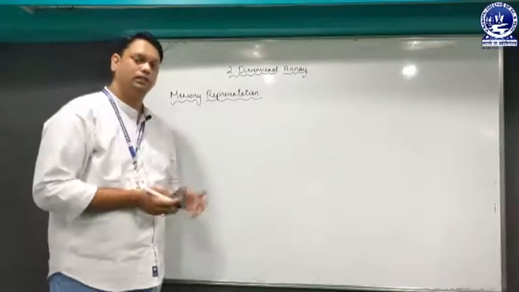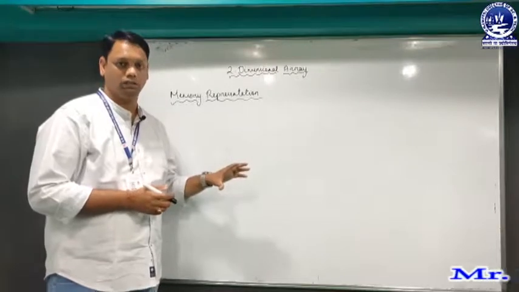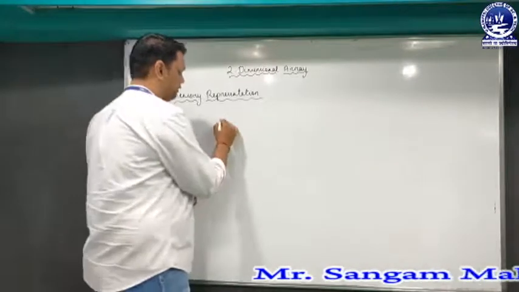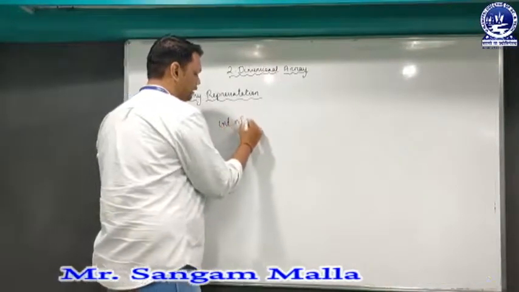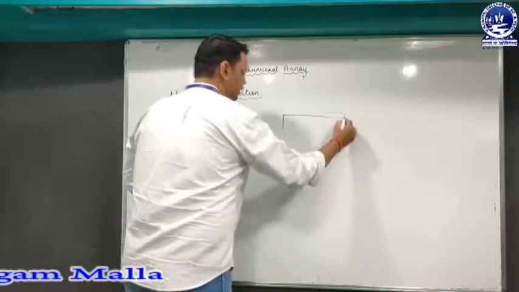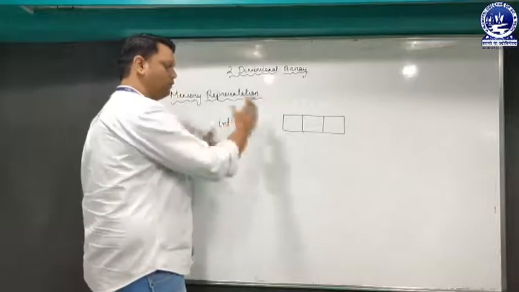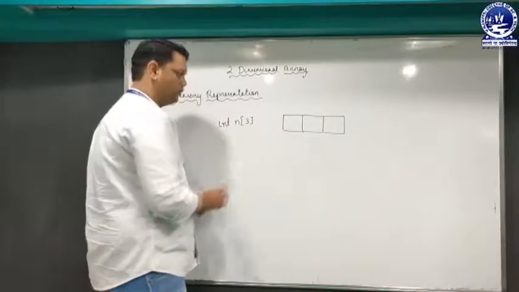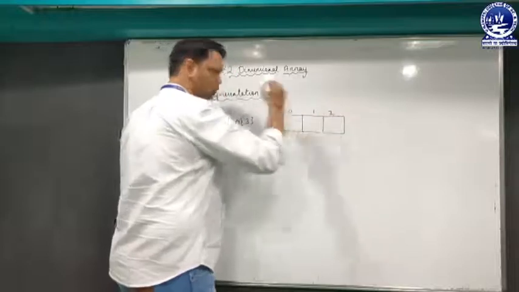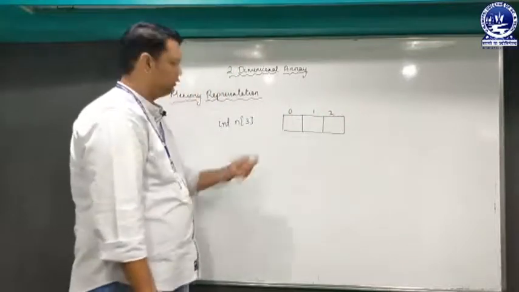We have already discussed that an array reserves continuous memory locations. So let's say I have written int n of 3. That means it will reserve 3 memory locations in the RAM. By default all the memory locations are stored in the RAM. The index value will start from 0.